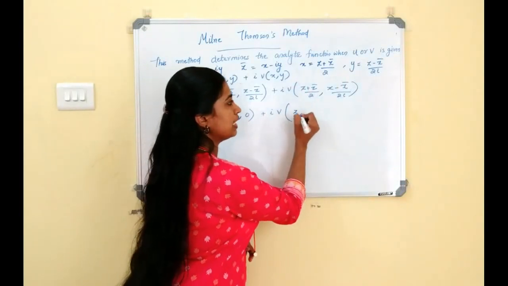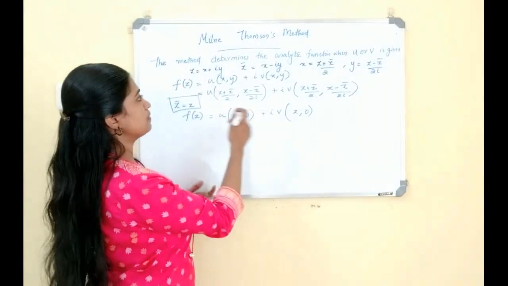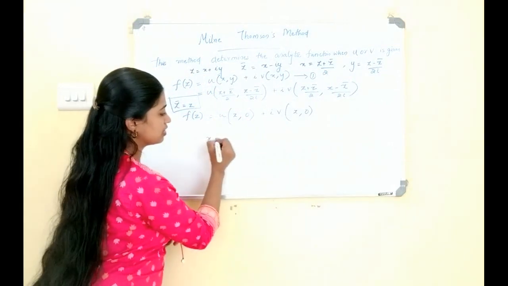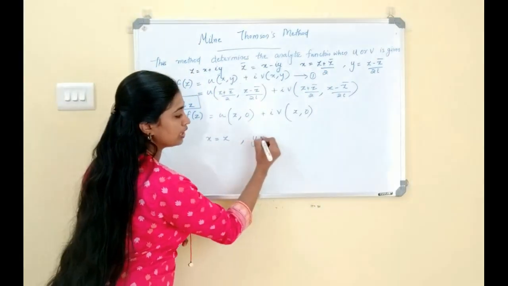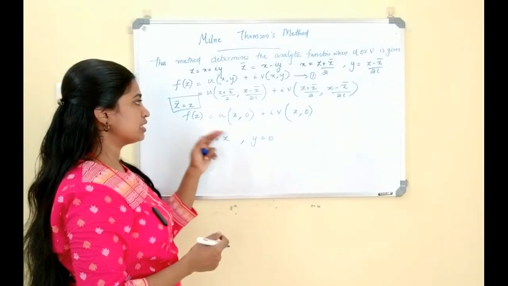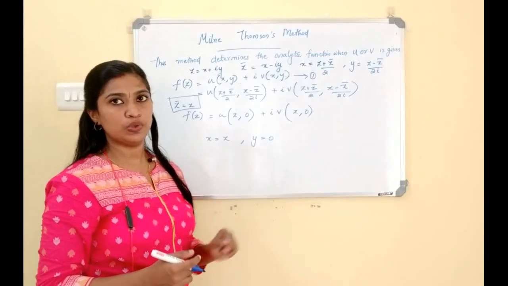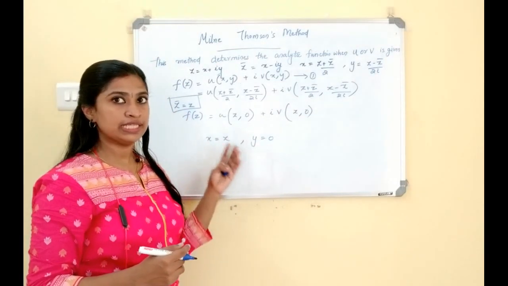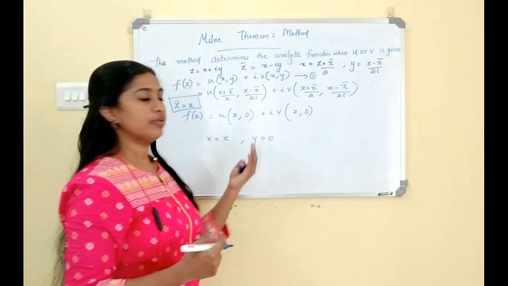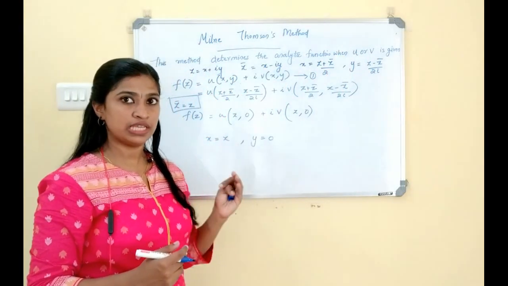This is the same as substituting x is equal to z and y is equal to 0 in the equation. We have seen the same result is obtained if you substitute x equal to z and y equal to 0. So we can see the steps involved in solving a problem if u is given and we are asked to find the analytic function. Three steps are involved. We can see those steps.